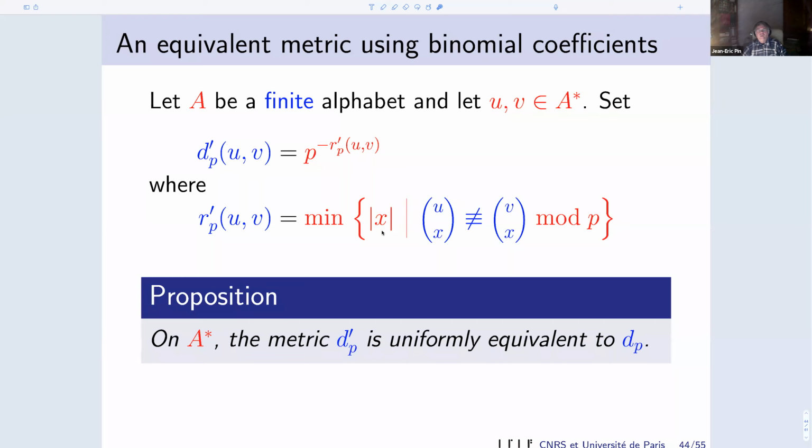Then you look at the minimal length of a word X which separates U and V in this sense. It turns out that you define also a metric, and this metric is uniformly equivalent to the previous one on A star. So you have various ways to do this.